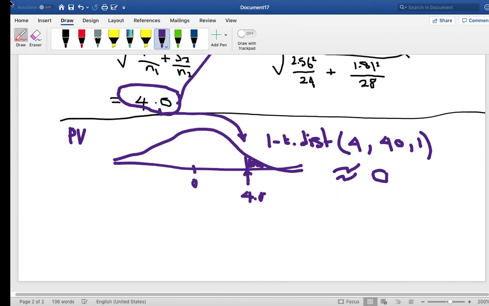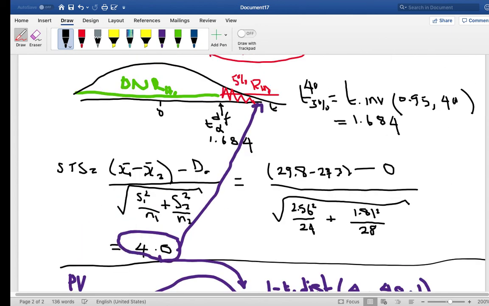Well, we remember that when alpha is greater than or equal to the p-value, our conclusion is reject H0. Now for us right now, what was alpha?